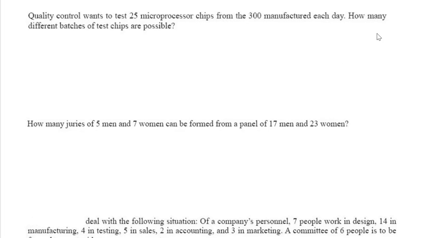Let's see another example here. Quality control wants to test 25 microprocessor chips from 300 manufacturers. How many different batches of test chips are possible? Here we just need a group of 25 out of 300, which is 300 factorial divided by 25 factorial times 275 factorial. This is a big number. We just leave it the way it is, or we could leave it as the combination 25 out of 300.